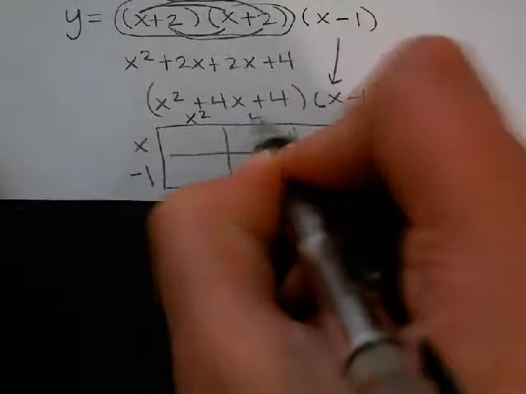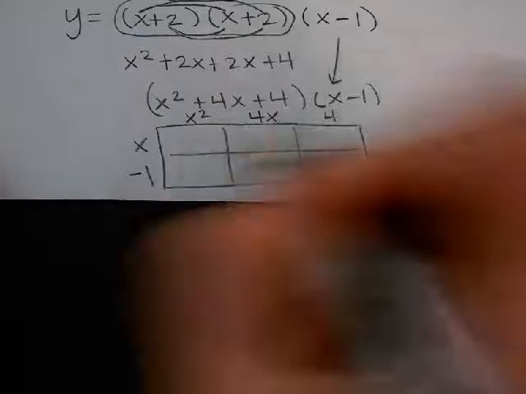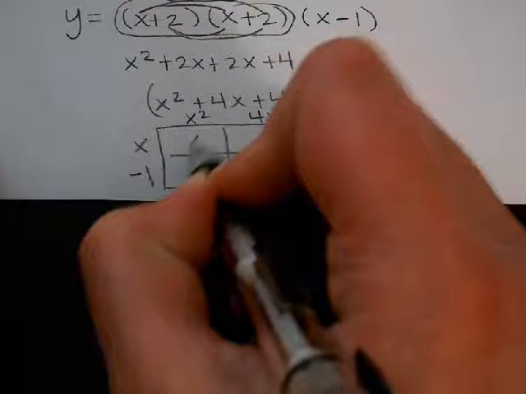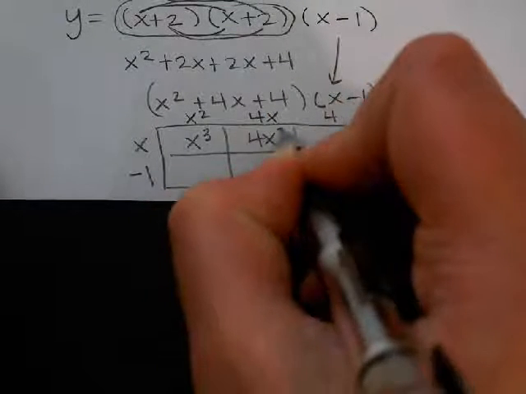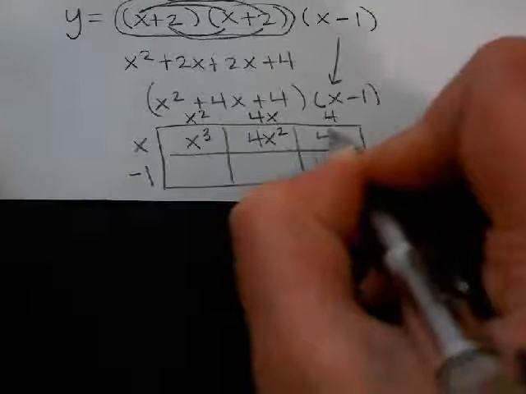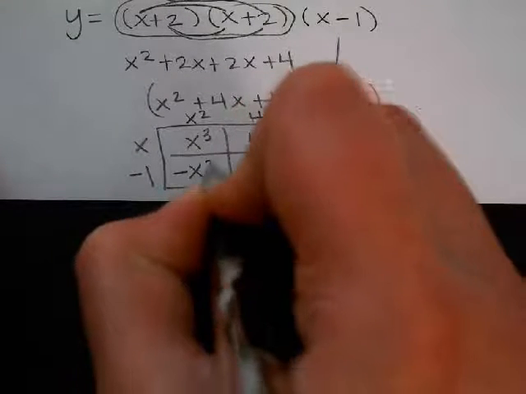So we got x to the 3rd, 4x squared, 4x, negative x squared, negative 4x, negative 4.